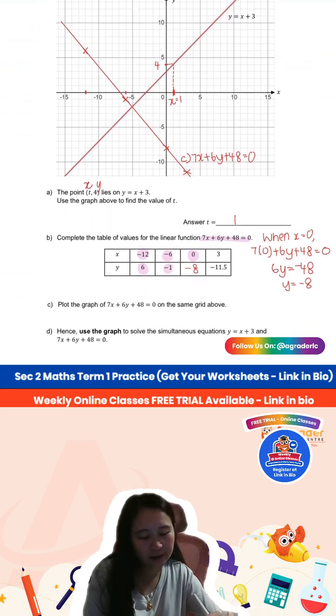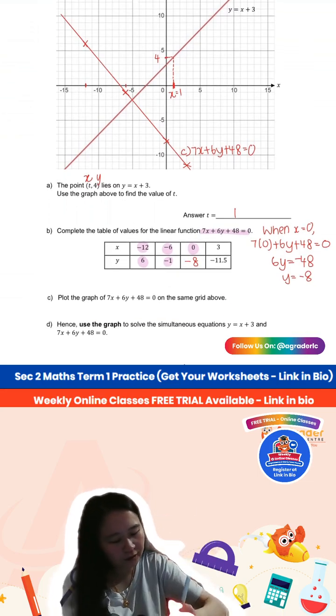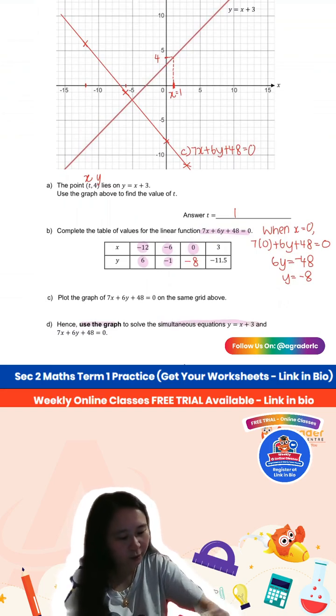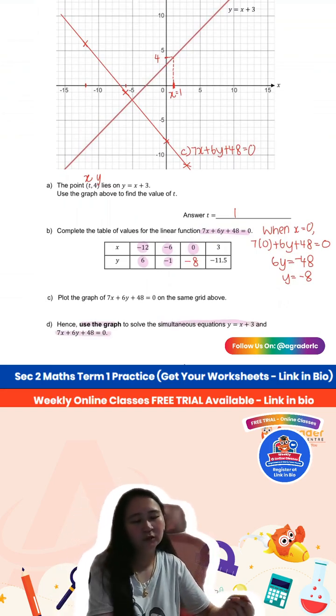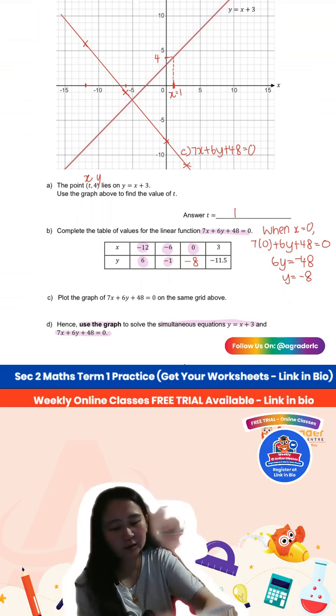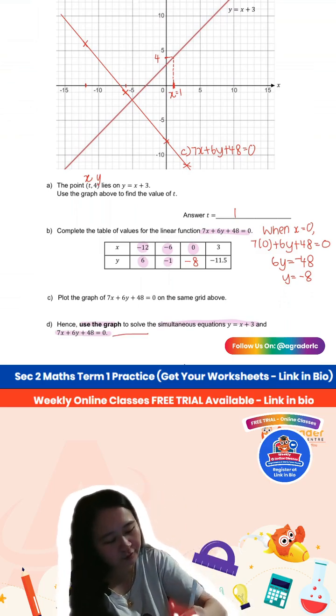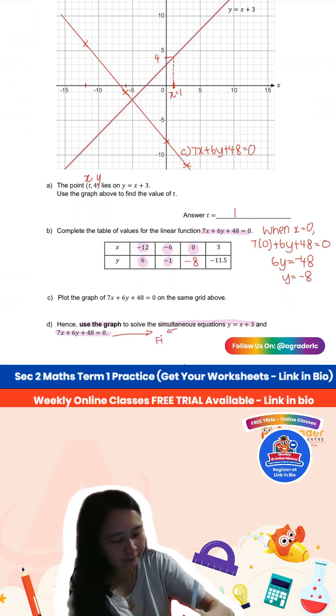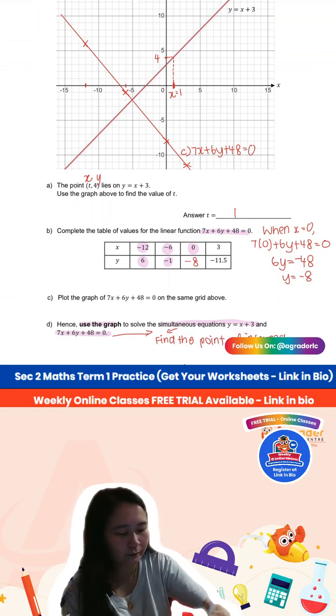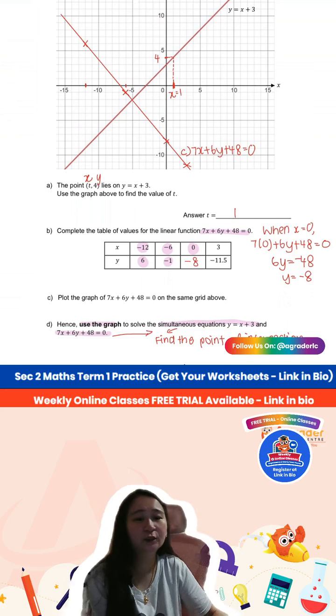So for part B, they ask you to use the graph to solve the simultaneous equation of these two. Okay, when they ask you to solve the simultaneous of these two, it means they're asking you to find the point of intersection. And this point of intersection will give you the solution.